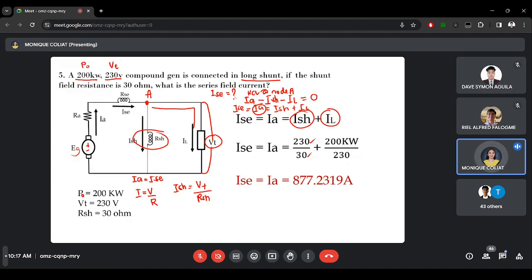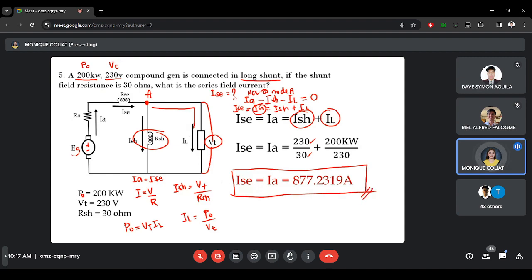Plus IL, you can use this formula, which is PO over VT, because PO is equals to VT IL. Last week diniscuss ko na yan sa inyo. So we have PO 200,000 watts divided by 230 volts. Then input that in your calculator. Then we will get an IA of 877.2319 ampere, wherein IA is equals to ISE. That's why this is our final answer.